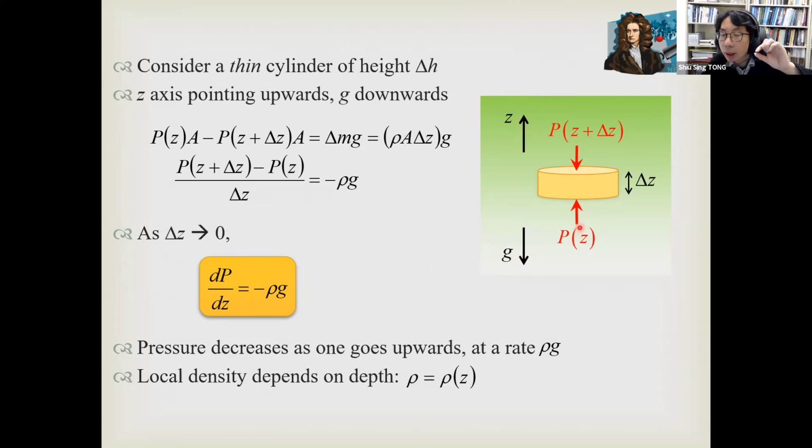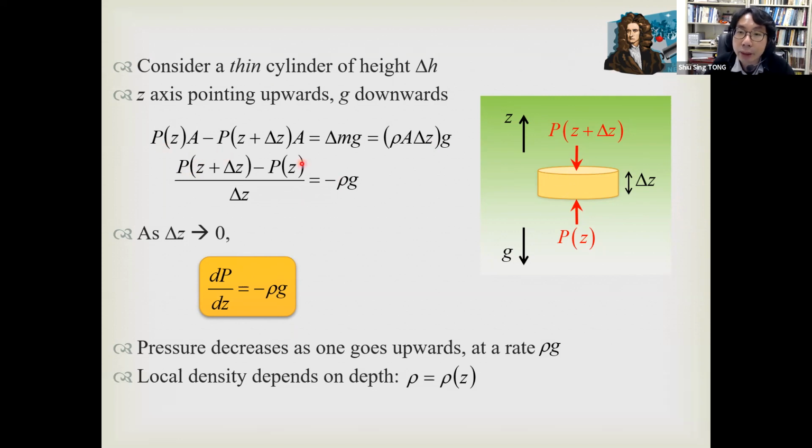I claim that the pressure force from the base is slightly larger than the pressure force from the top, because the difference in the pressure force is used to maintain the balance with gravity. Gravity is pulling the mass downwards, so it's the weight of the cylinder. And the weight of the cylinder is balanced by the difference in pressure between the bottom and the top of the cylinder. That is how the weight of the cylinder is balanced.